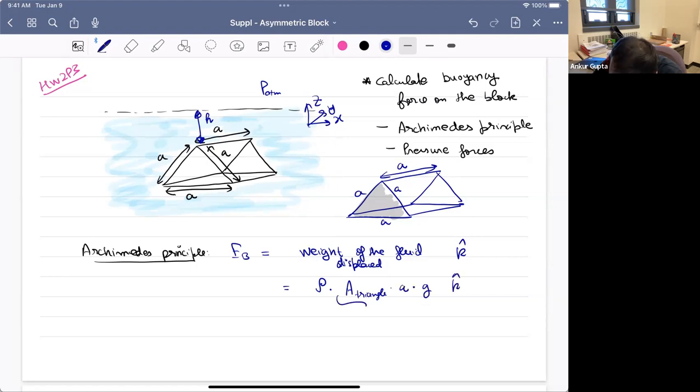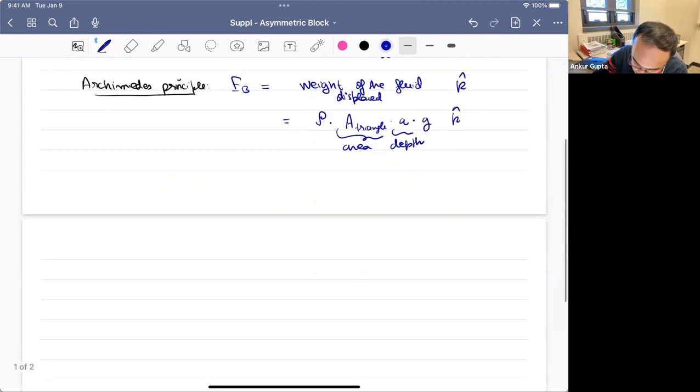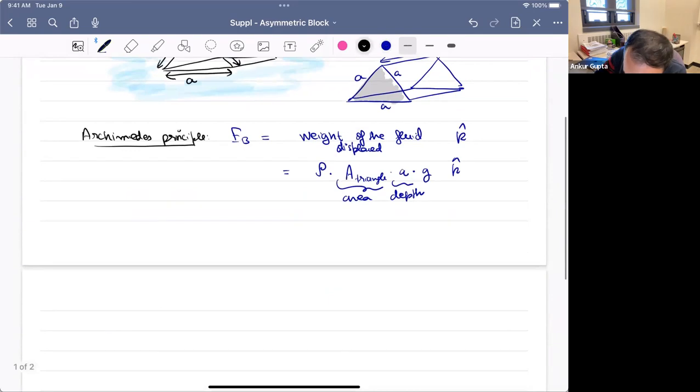So this is the area, and the other is the depth into the plane. You can simply take that because throughout the whole into-the-plane direction, it's A. So you get the area of an equilateral triangle.